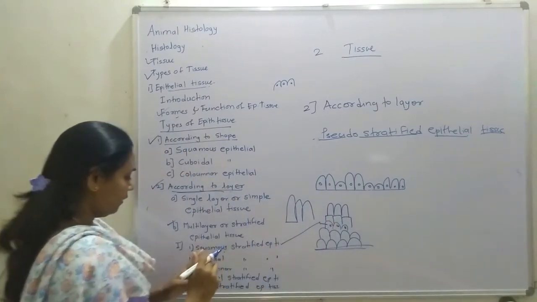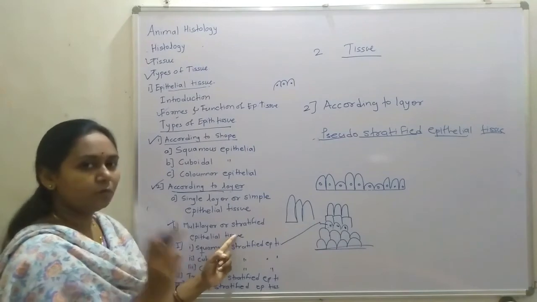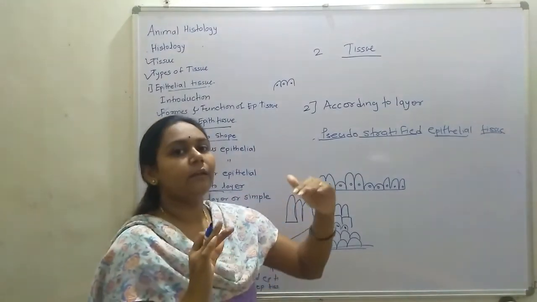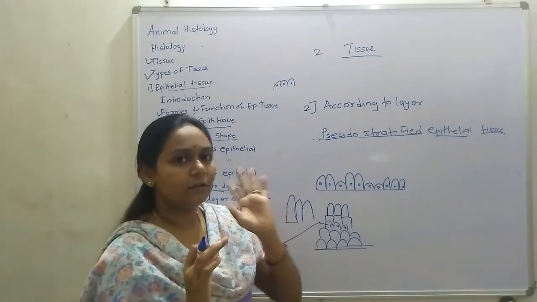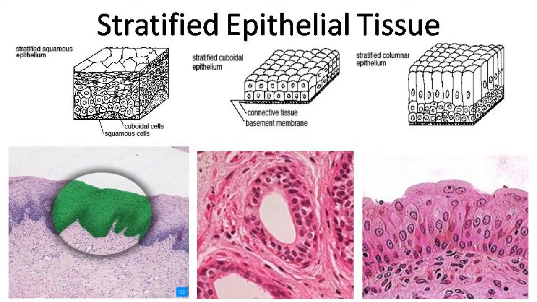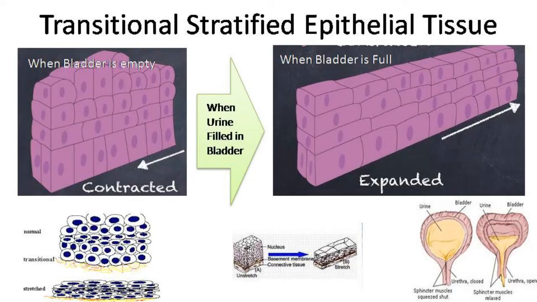Remember that in the stratified epithelial tissue, the first layer is only arranged on the basement membrane, and the upper layer cells give the name of that tissue, that is squamous stratified epithelial tissue, cuboidal stratified epithelial tissue and columnar stratified epithelial tissue. Then transitional stratified epithelial tissue.